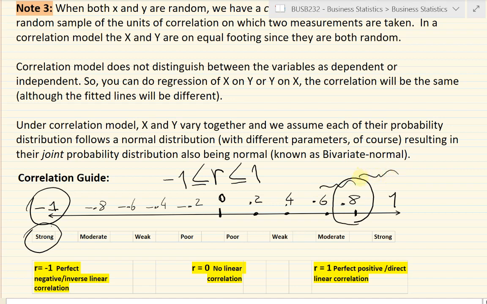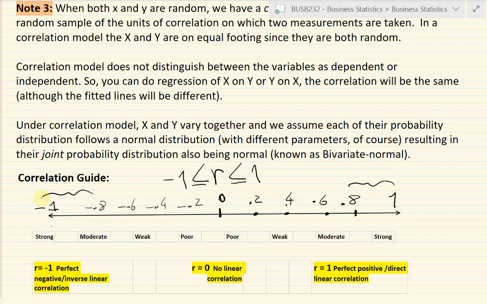Between 0.8 and 1, you have a strong correlation. And remember, strong is between 0.8 and 1, and it's also on the lower side, between -0.8 and -1. The difference has to do with the direction and the slope of a regression line, the direction of the two variables x and y, how they are oriented. I'll show you some charts in a moment.